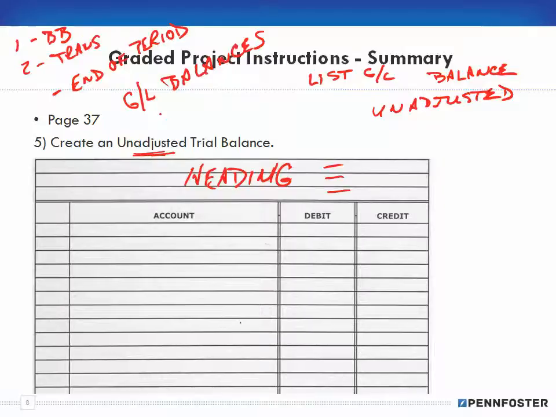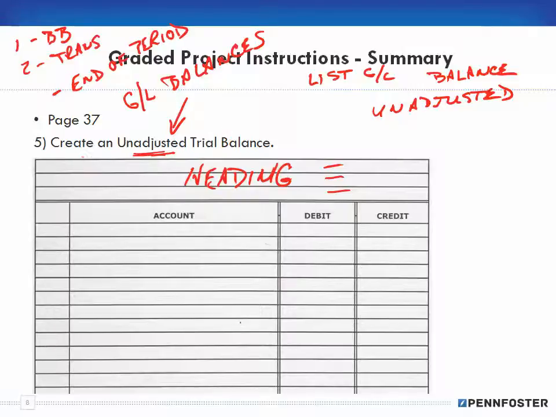Entries for things like depreciation or prepaids have to be made, and there's nothing that triggers those entries. So at the end of the accounting period, we know we have to make these additional entries. So we have this unadjusted trial balance, and that's done before we make the adjustments.